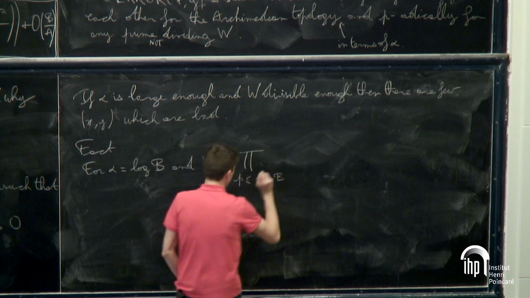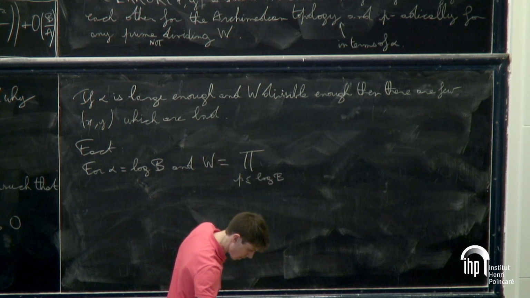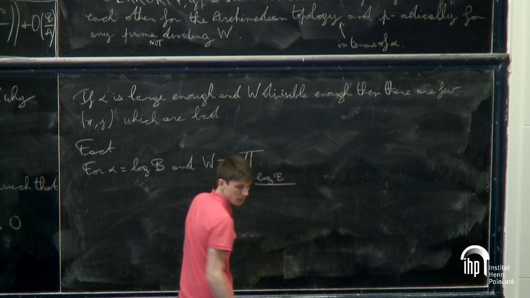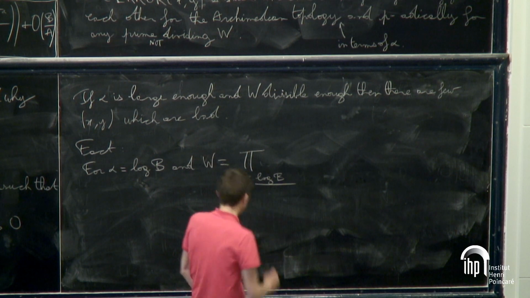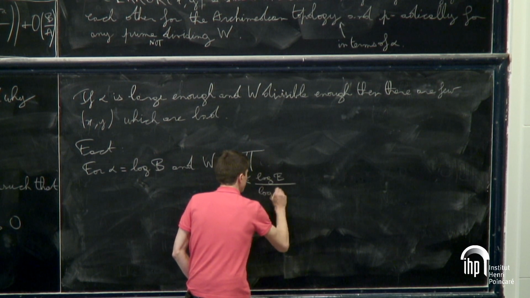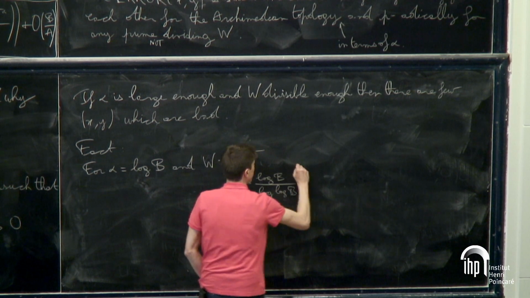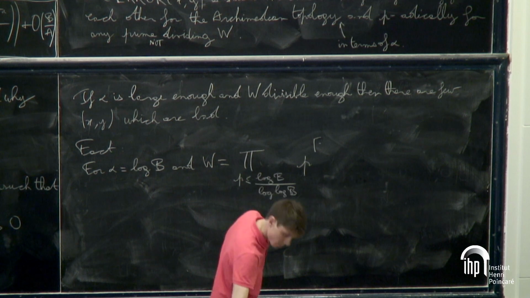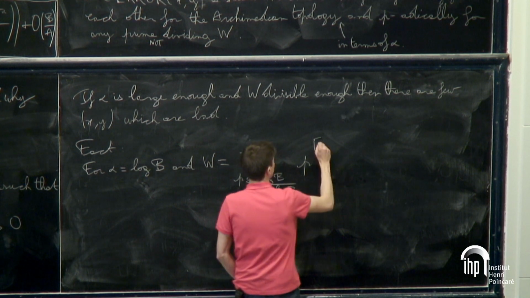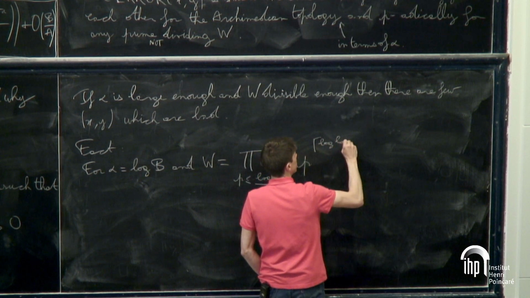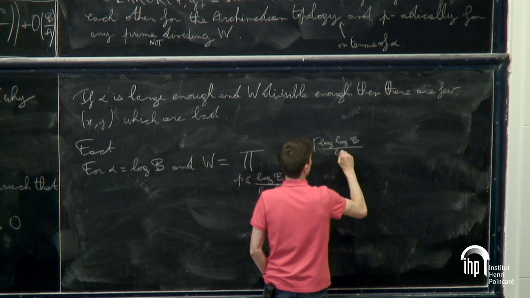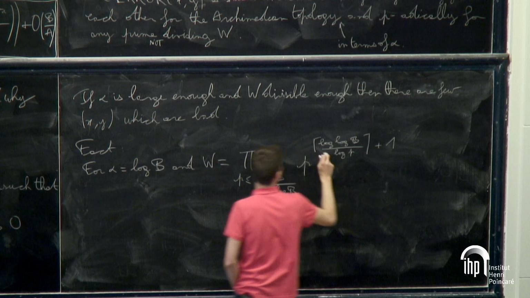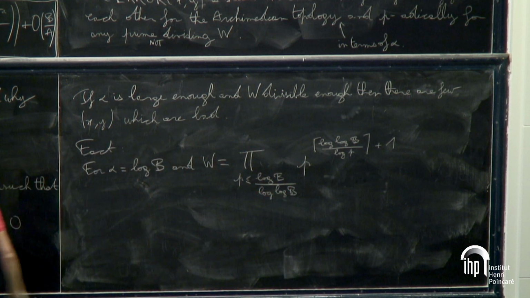So we are looking at the product over the primes P bounded by log B, of P to some power, the ceiling of log B over log P, plus 1.